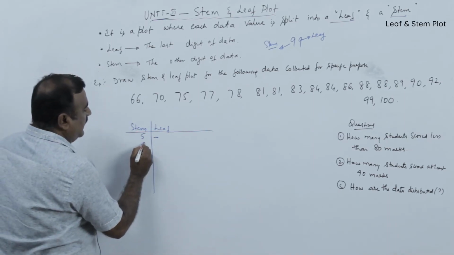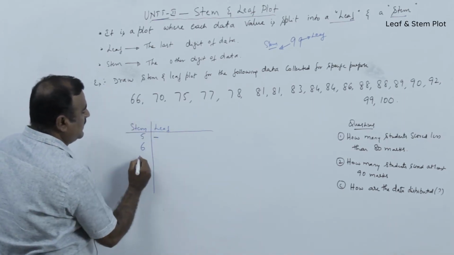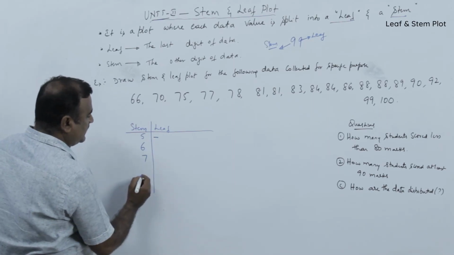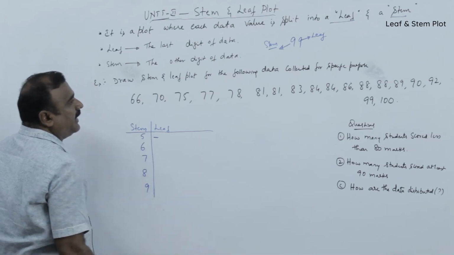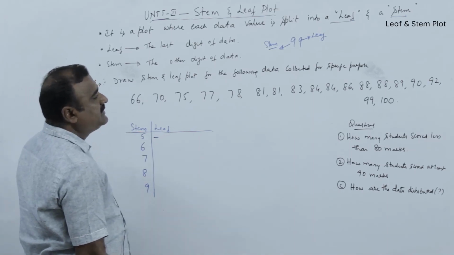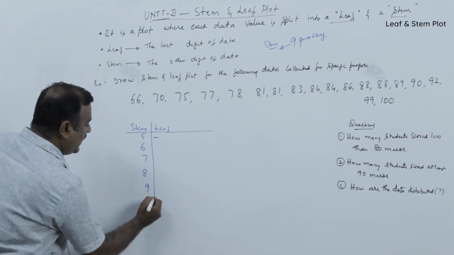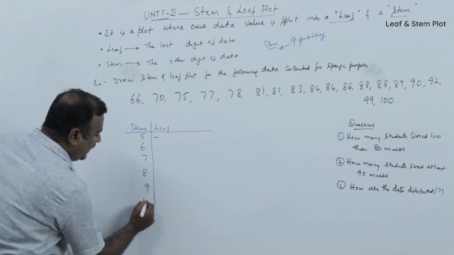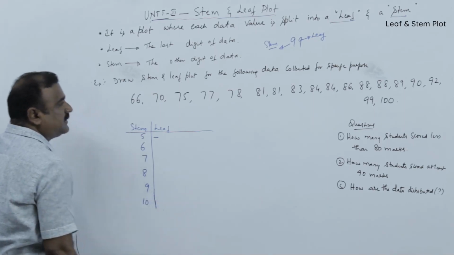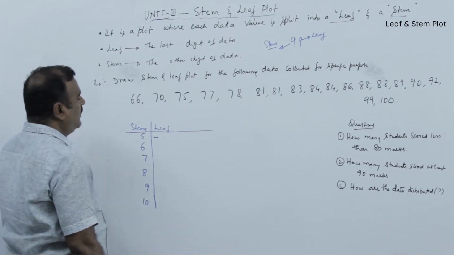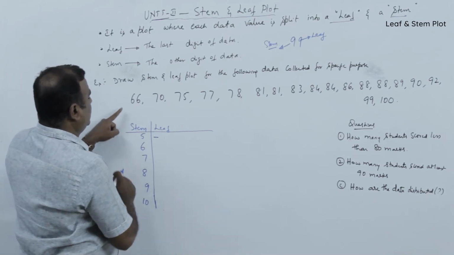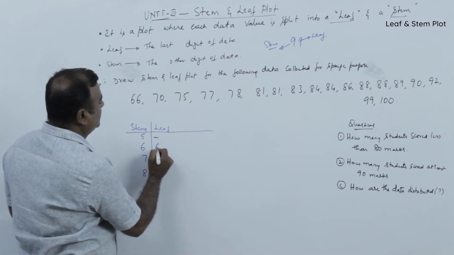Next, 6 is there, 7 is there, then 8 and 9, because 92 and 99 are there, and 100 is there, so 10 also I am going to take. Now I will distribute the data in the leaf portion. For 66, I mention 6 here.